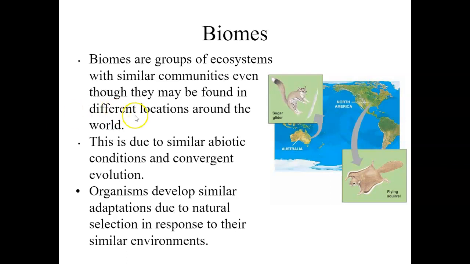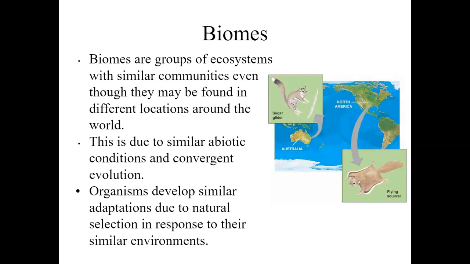So here we talked about this example previously as well. We have Australia down here, and then we have North America right here. In these two locations in the world, like the Midwest area and certain parts of Australia, very similar environments. So a similar biome in that particular location.